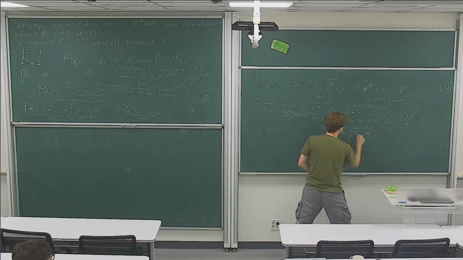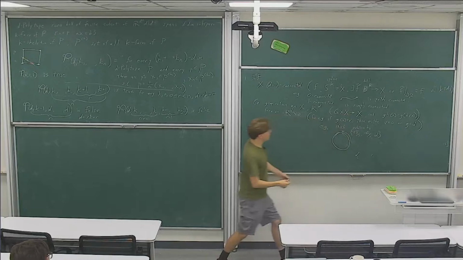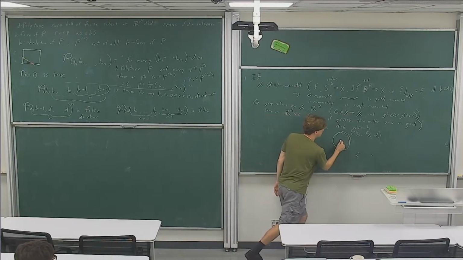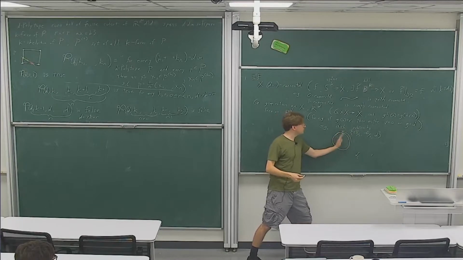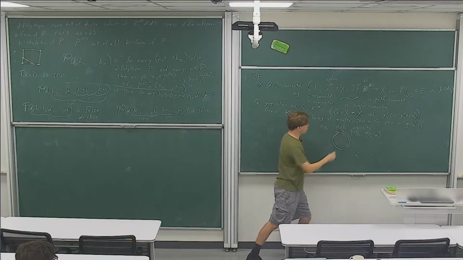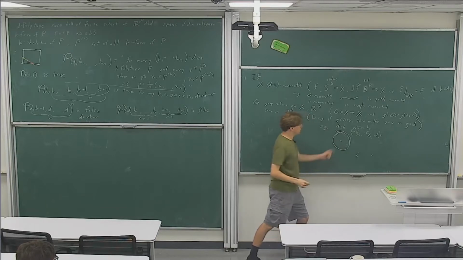This will be my group. So this is not free on the disk, because if I take a 1/3 rotation around the disk, this point will remain fixed, right?